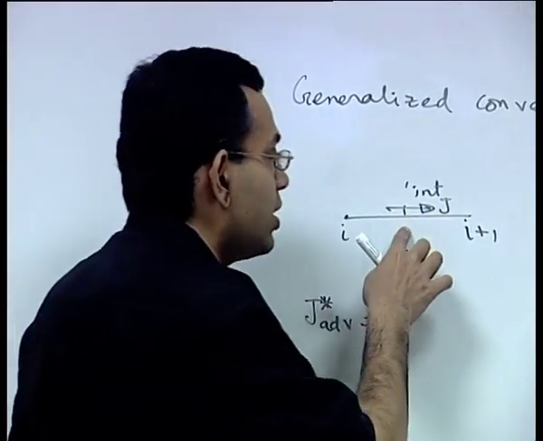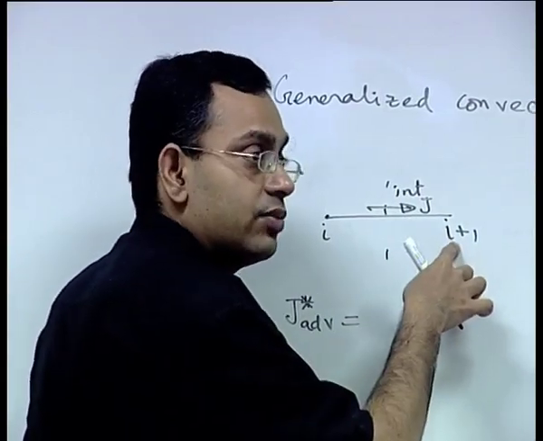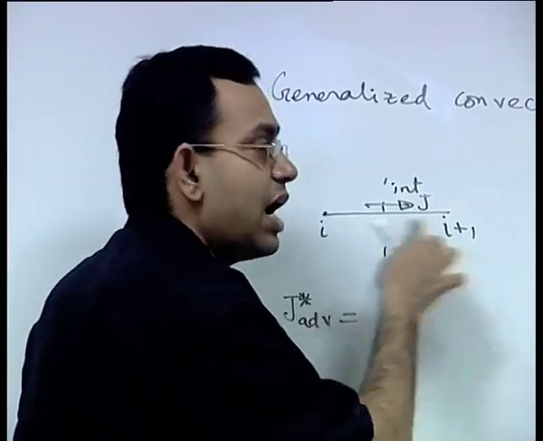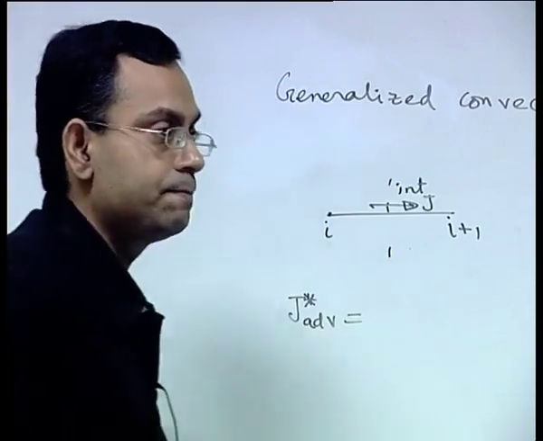If it is a central difference scheme, it is half, otherwise you can have different weights.